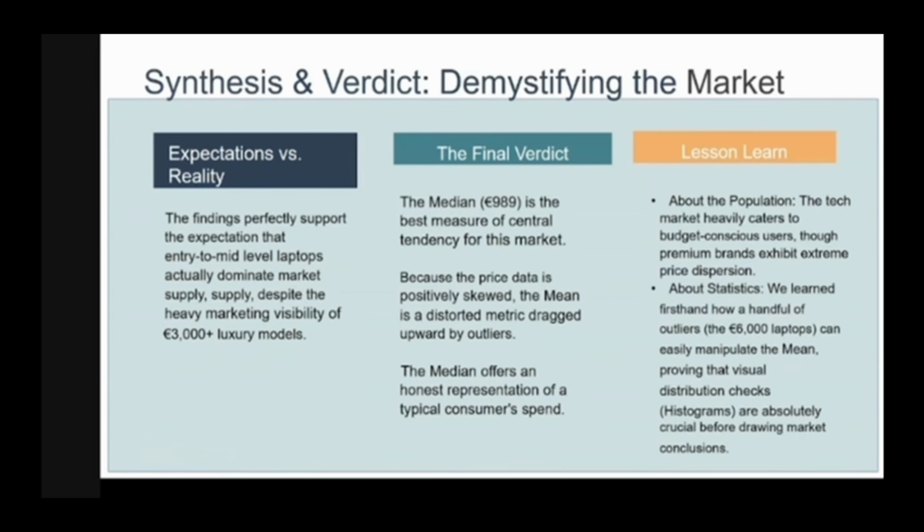We learned that a handful of outliers, such as that 6,000 euro laptop, can easily manipulate the mean. This proves that visual distribution charts like a histogram are absolutely crucial before drawing any final market conclusion.